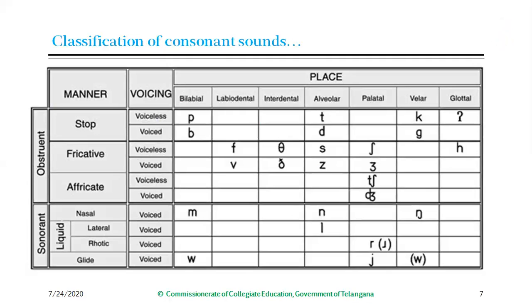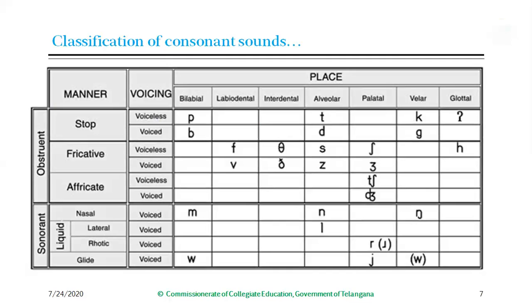Basically, there are two kinds of consonant sounds, obstruent and sonorant. Obstruent sounds are produced with the obstruction of airflow in our mouth, whereas sonorant sounds are produced without any obstruction, with a free flow of air from our mouth.